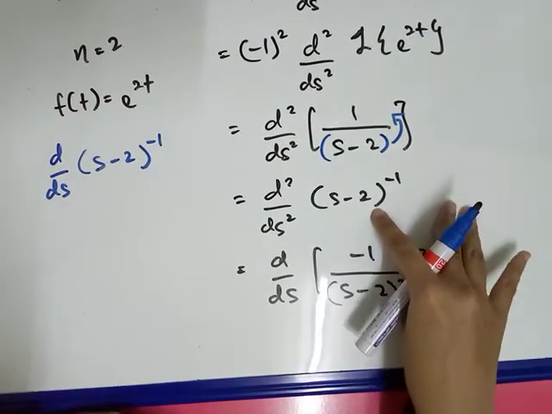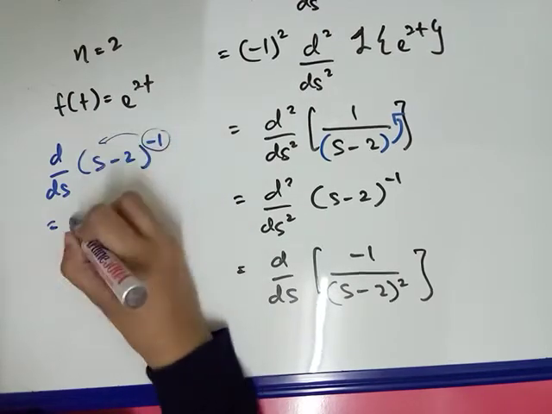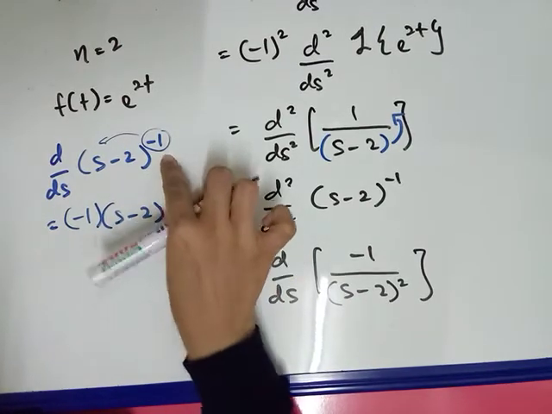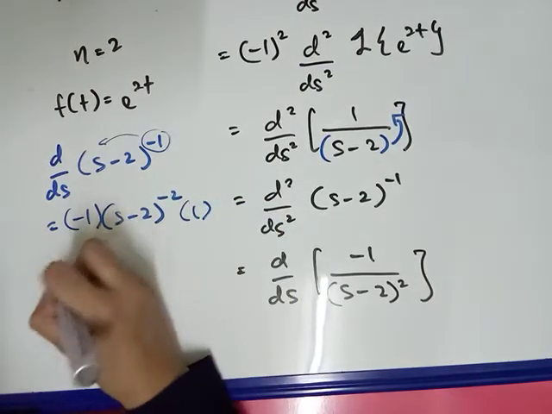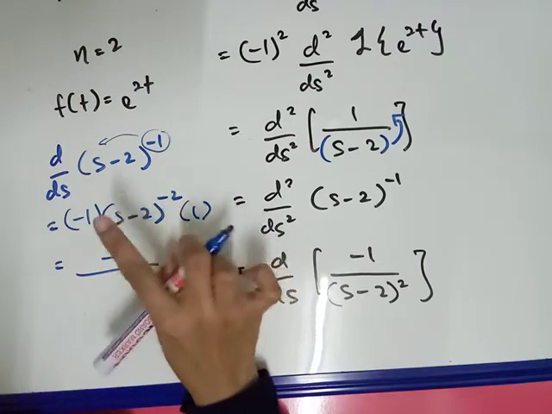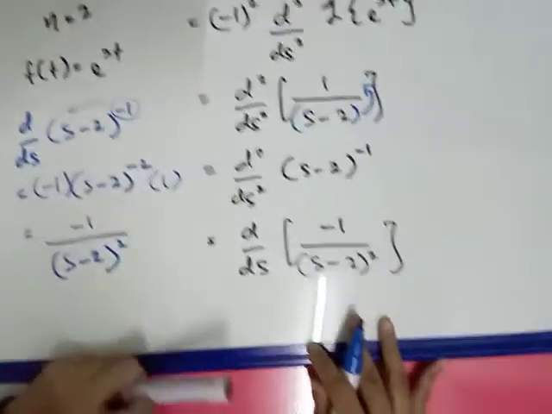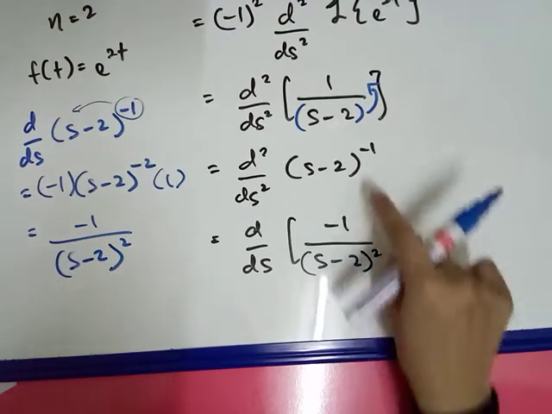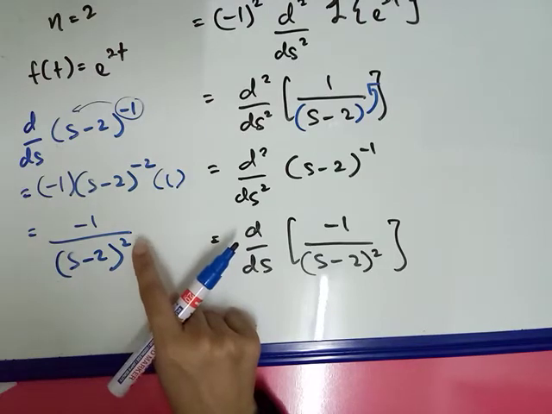From this one I differentiate: -1 bring in front, and then multiply with s minus 2, -1 minus 1 we get -2, differentiate s we get 1. So the answer is -1, s minus 2 power -2, we need to bring to the bottom, s minus 2 power 2. There you go. Okay, do you understand the concept? This is the short form. This one is from the answer of question A.